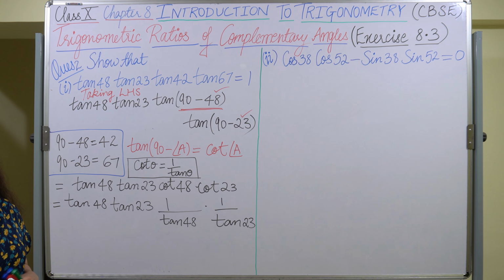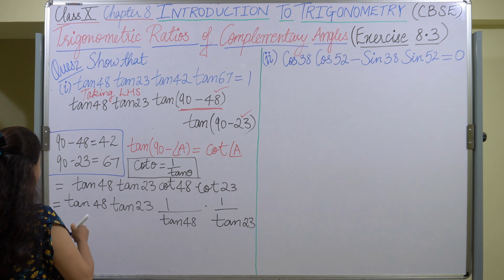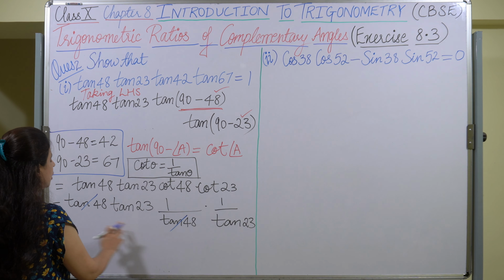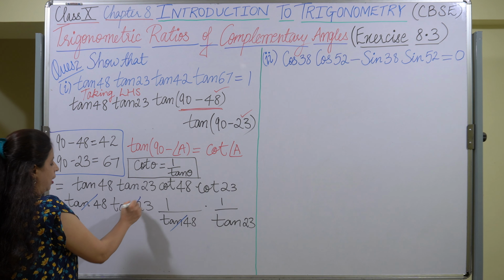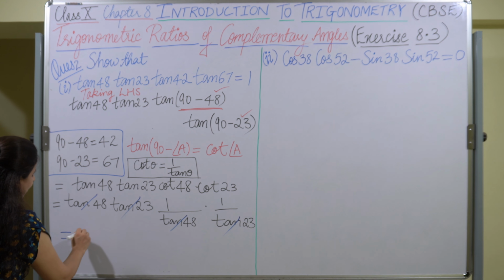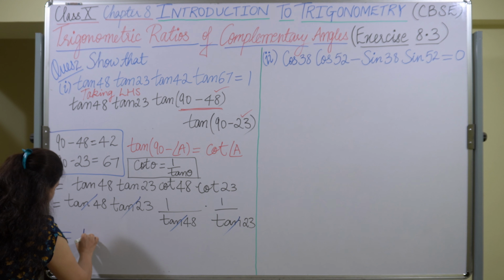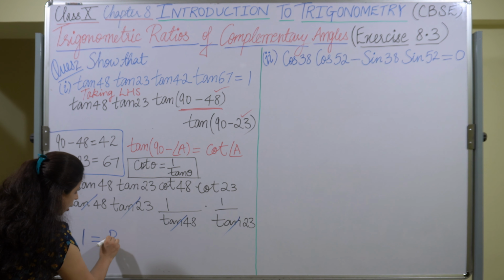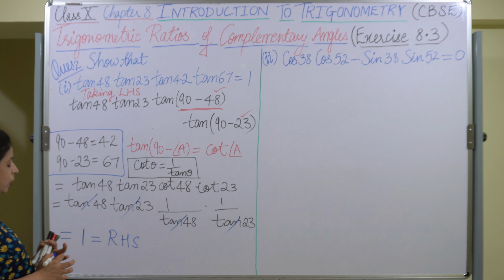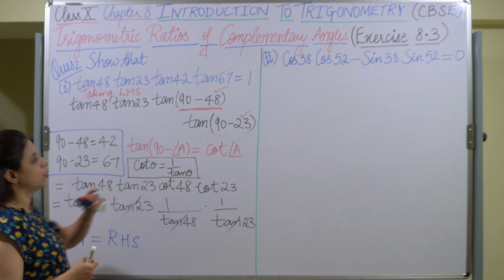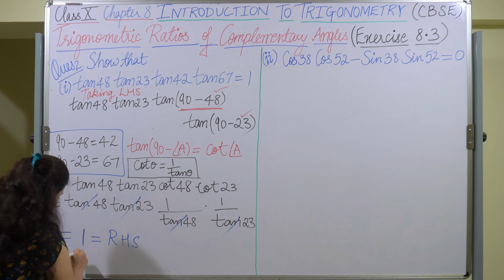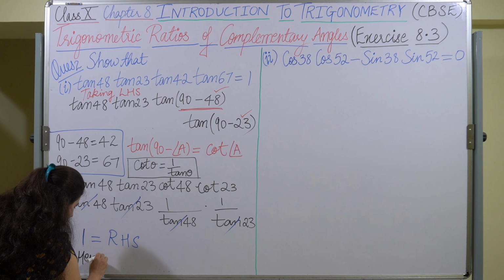So tan 48 in the numerator and tan 48 in the denominator get cancelled, and this also gets cancelled, so ultimately we are left with 1, which is equal to the right hand side value 1. So we have proved it. Hence proved.